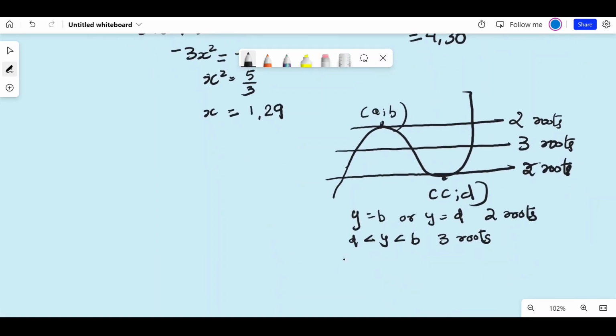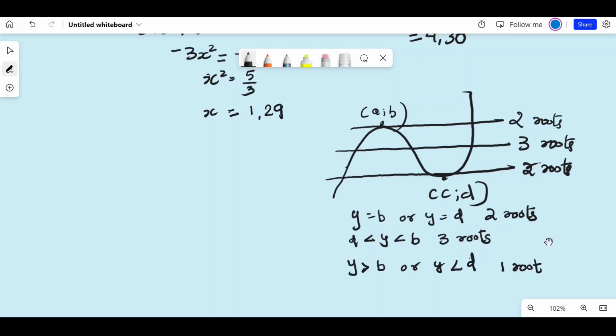Now if the y is above B, or if the y is below D, then it's going to have one real root, because if you draw any horizontal line here, it's going to cut the graph only once. So these are the three different situations with the roots.